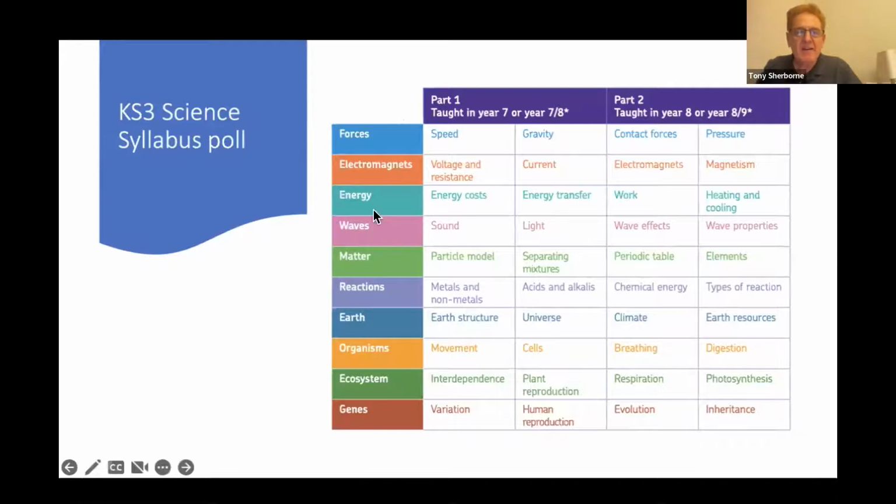Do you think it would be worth us, at AQA, revising that and making the second dimension, the working scientifically, properly integrated so you could teach them side by side? So we could show you the best matches of what to teach with what. I'll give you a minute to answer that question.